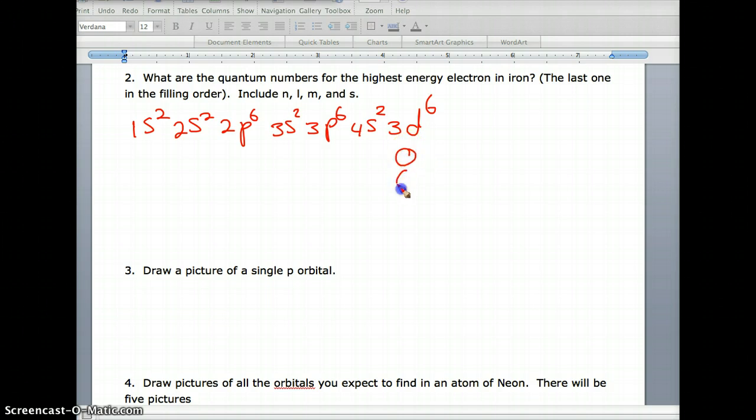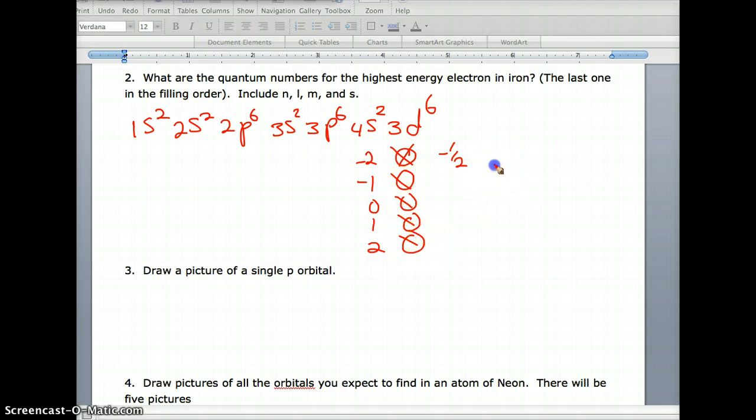I'm going to draw the electrons in the d orbital here. 1, 2, 3, 4, 5, 6. By convention, we said -2, -1, 0, 1, 2. And the second electron in would be a -1/2 spin. So a positive, positive, positive, positive, positive, and then negative. Then negative again, and so on until you get to 10.